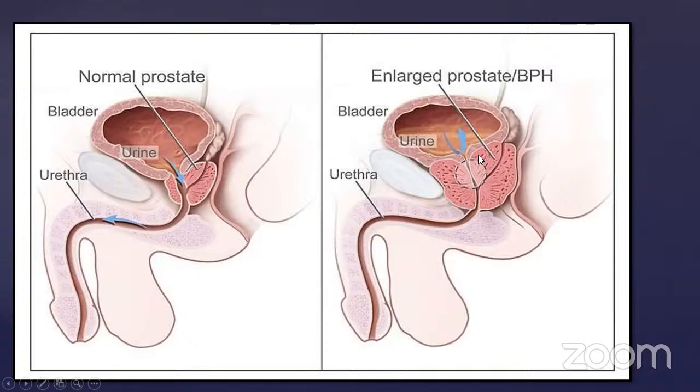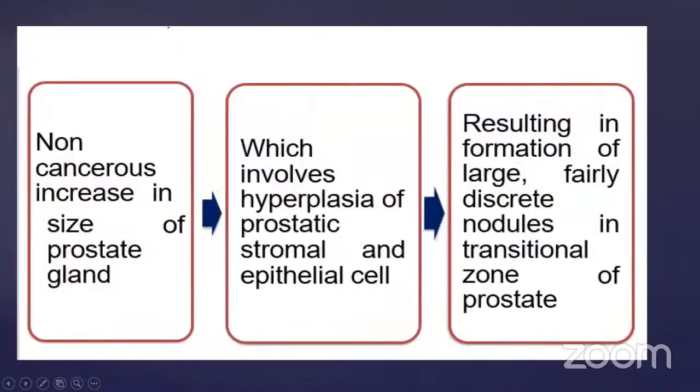When benign prostatic hypertrophy occurs, the lateral lobes are generally involved, and they increase in size, compressing the urethral passage, which causes obstruction to the passage of urine. It is a non-cancerous increase in size of the prostatic gland, which involves hyperplasia of prostatic stroma and epithelial cells, resulting in the formation of large, fairly discrete nodules in the transitional zone of the prostate.